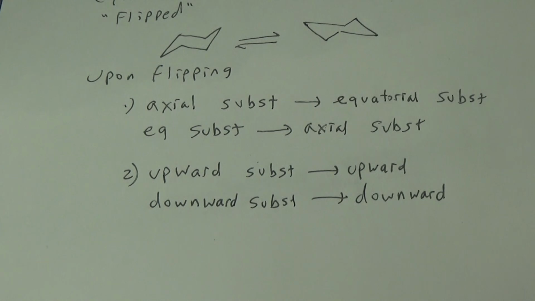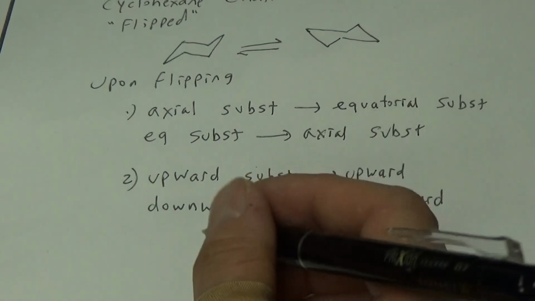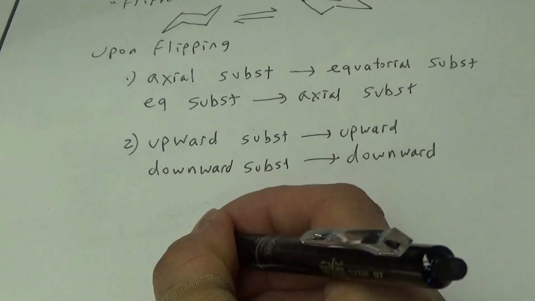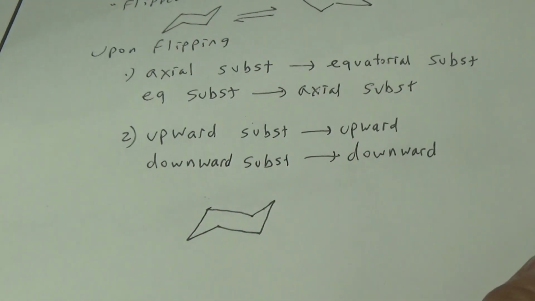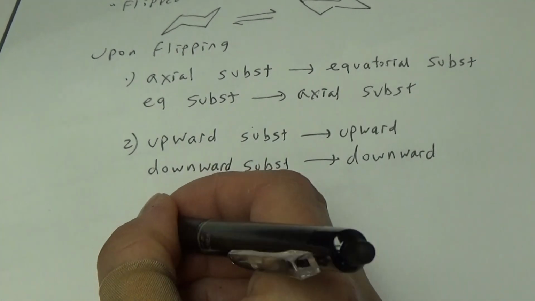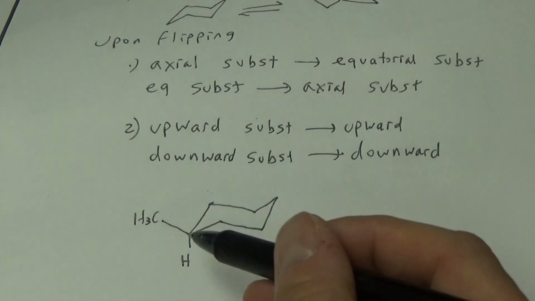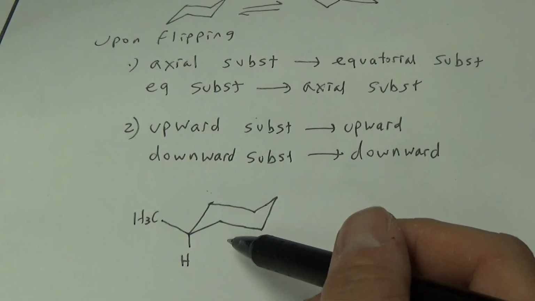I'm going to draw an example real quick. Alright? So, start with a cyclohexane, and I'm going to put a CH3 right here. Of course, if the CH3 is going up in equatorial, the H is going down in axial, right?